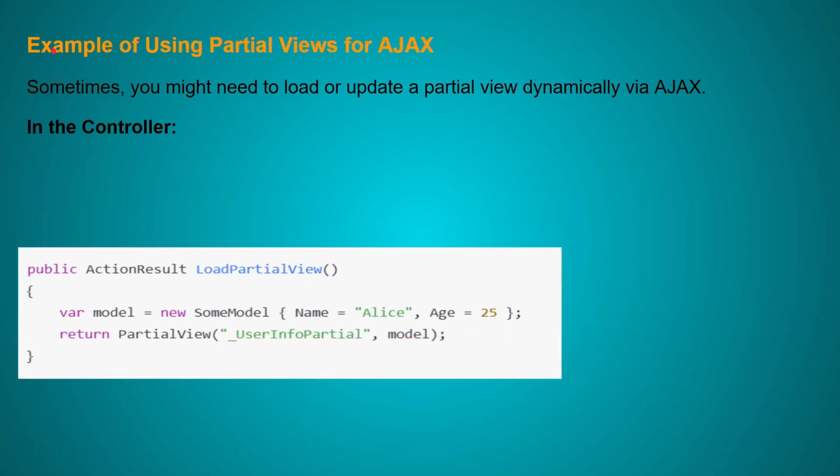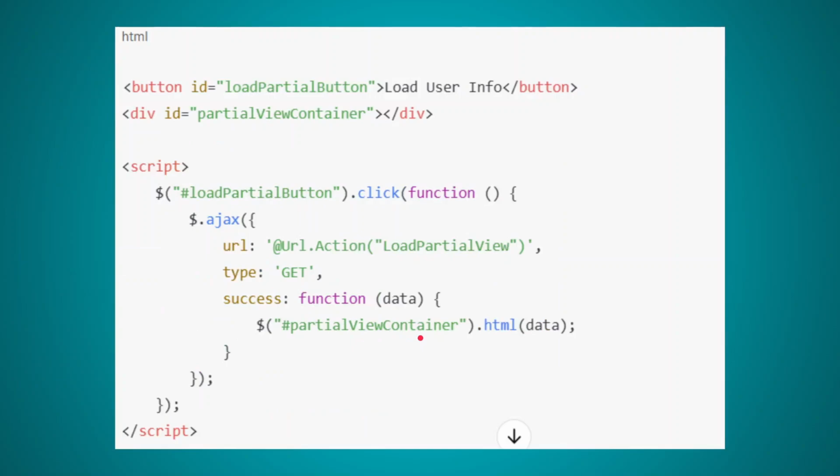So, an example of using partial views for Ajax. Sometimes you might need to load or update a partial view dynamically via an Ajax call. See, in the controller we have an action result, the method name is LoadPartialView, and we are returning the UserInfo partial view and model.